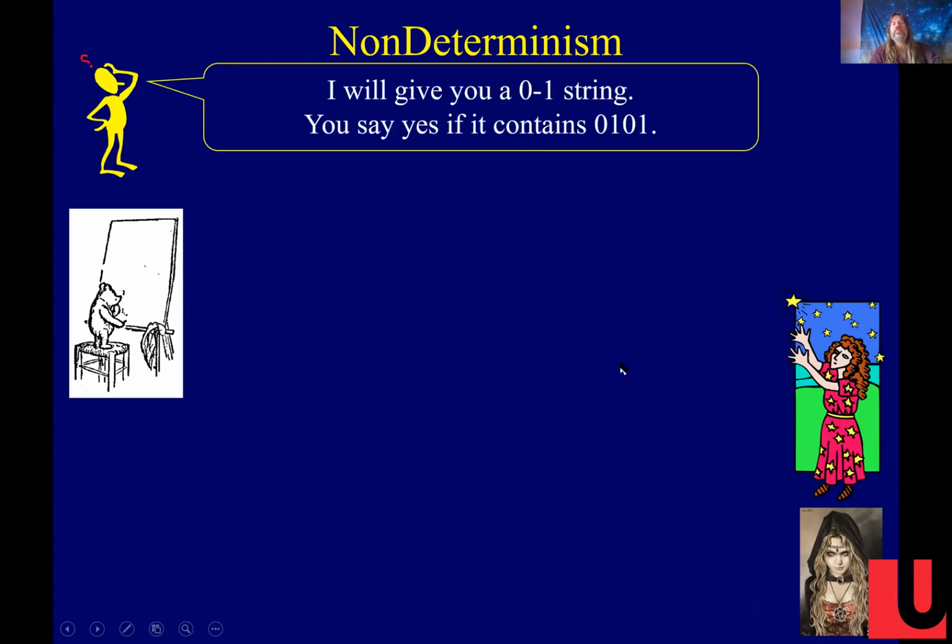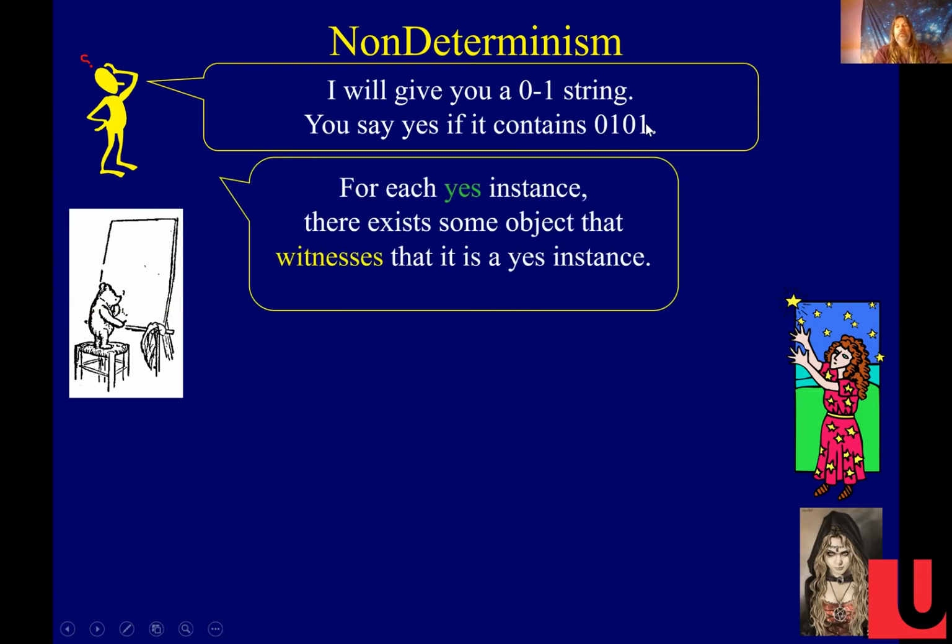All right, so let's go to the concrete example that we have done in class. The boss is going to give you a 0-1 string, one character at a time. And Pooh Bear has to say yes if it contains 0101. Now, remember I said that for each yes instance, there exists some object that witnesses the fact that it's a yes.